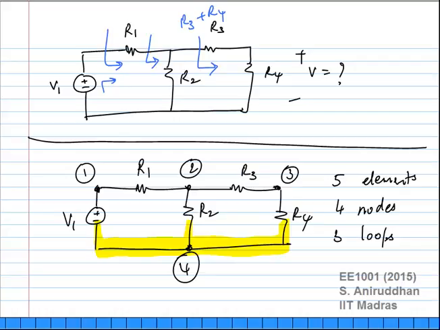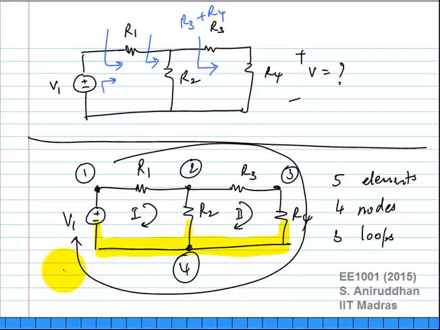Why is that? Because the minute you write it, let us number the loops. I have one loop here, a second loop here, and a third loop here. Since you are only talking about potential differences, for this simple circuit it's very clear that the equations which you write for loop 1 and loop 2 will also be related to the one which you write for loop 3.